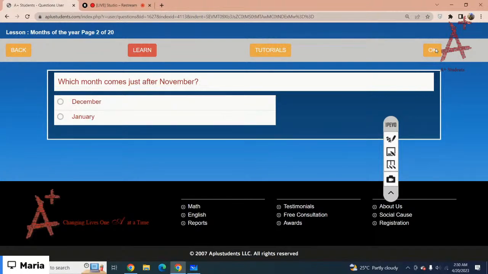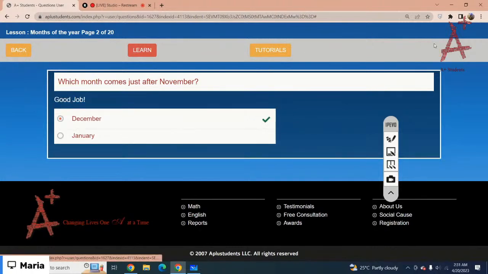So which is the month right after November? Yes, right after November, it would be December. Got it?